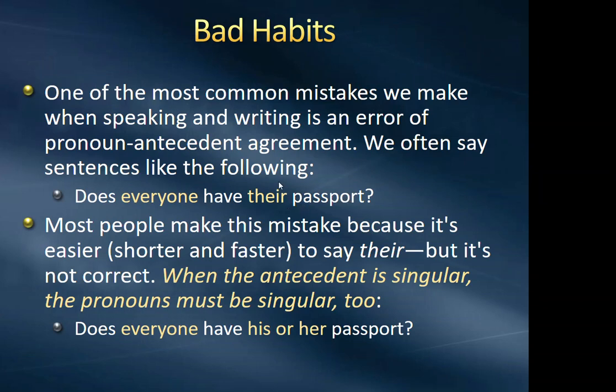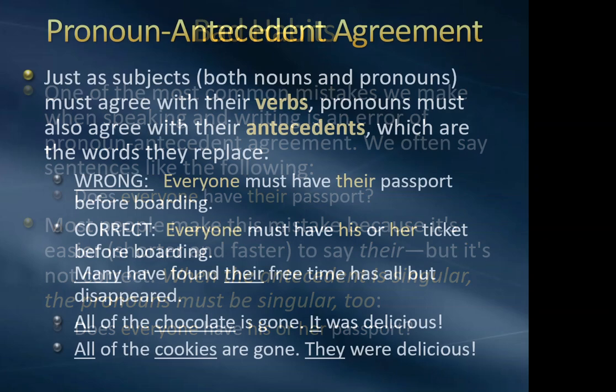That's wrong, because their is a plural pronoun and everyone is singular. So it sounds weird, but we really should say, does everyone have his or her passport? Because this is singular, this needs to be singular. And this is usually tested on the ACT, so you really want to take note of this.